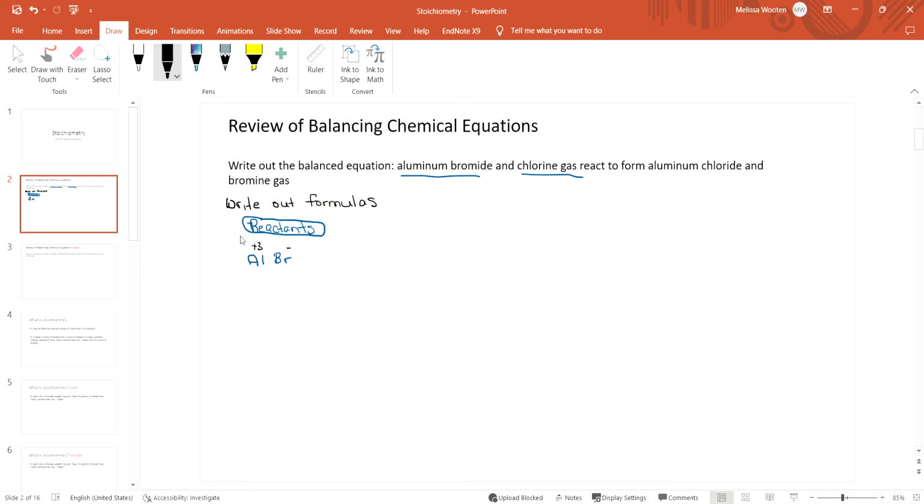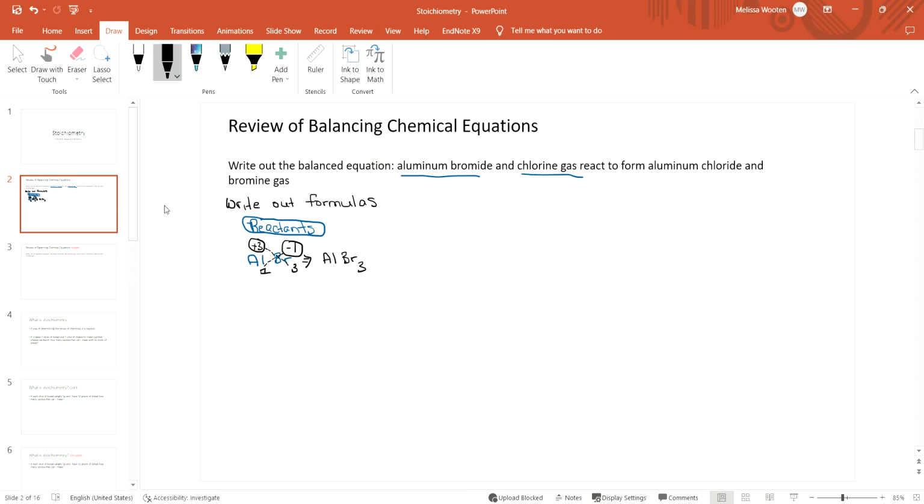Br is going to be -1. And then when we do our crossover, right, so you're going to have AlBr3 for aluminum bromide. Okay.